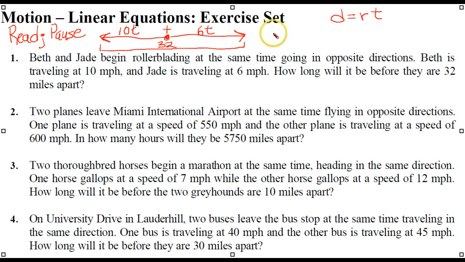So the end formula will be 10t plus 6t equals 32. So there's your distance. There's one part of the rate and time, the other part of rate and time, which will add up to this.